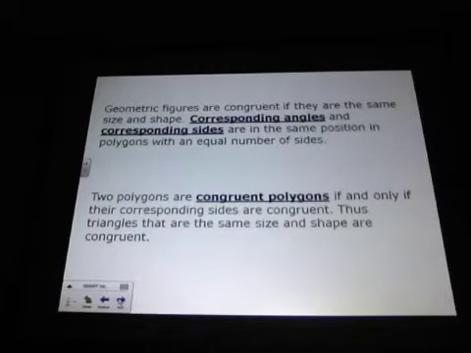Corresponding angles and corresponding sides are in the same position in polygons with an equal number of sides. Two polygons are congruent polygons if and only if the corresponding angles and sides are congruent. There's a biconditional. Thus, triangles that are the same size and shape are congruent.